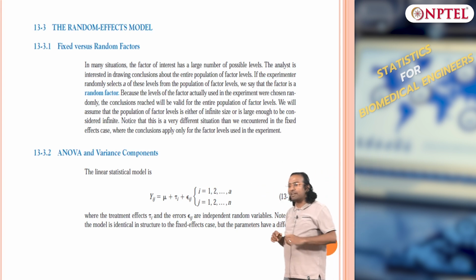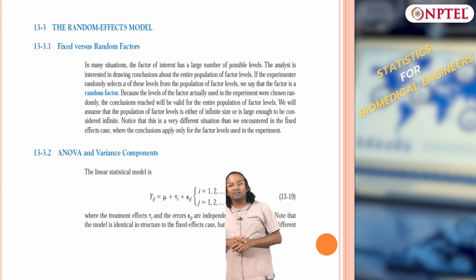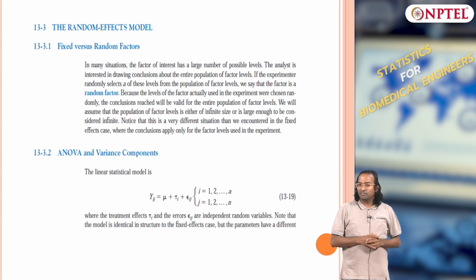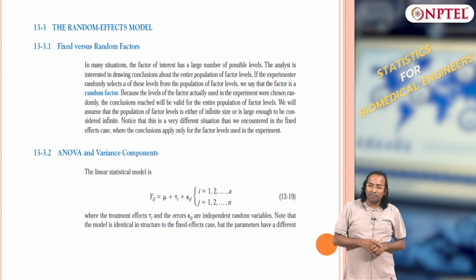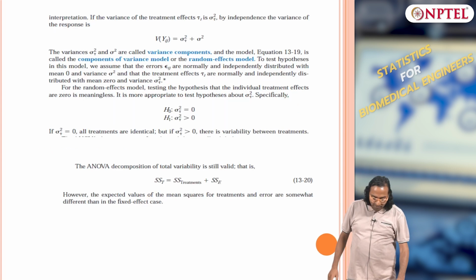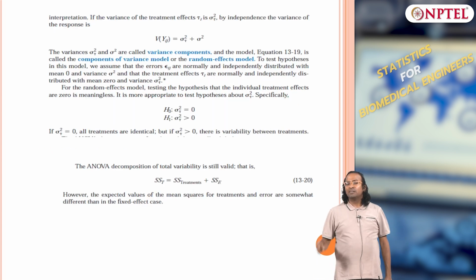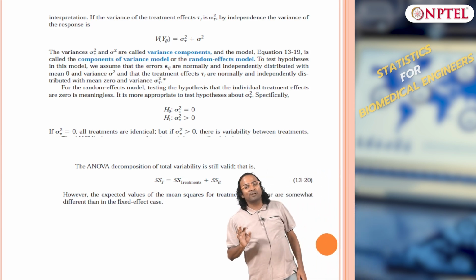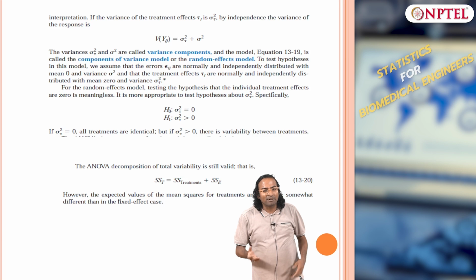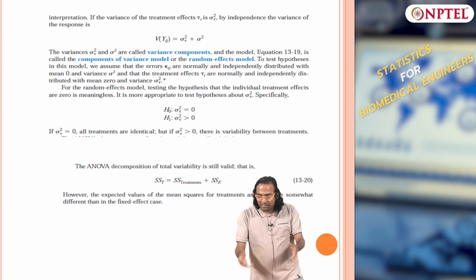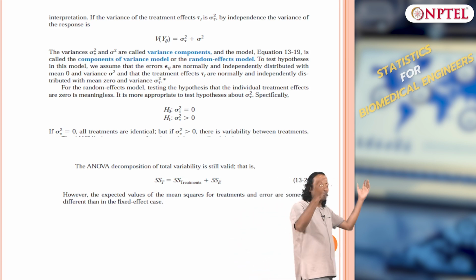So in the random effects model, your treatment itself is a variable and it is not fixed, and it is a subset of the overall population, okay. So your null hypothesis will not be on the treatment means, that is a key fact. The null hypothesis cannot be on treatment means because you are not interested in only specific treatments. The treatments you have chosen are a subset of the bigger population.